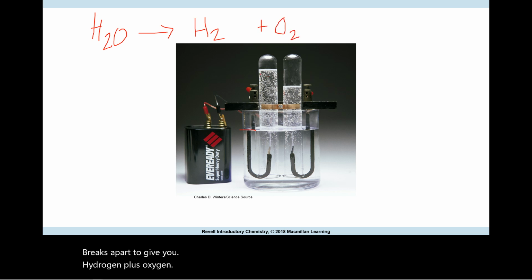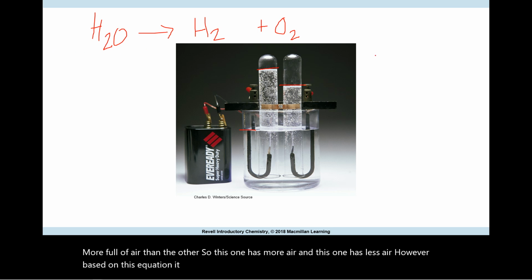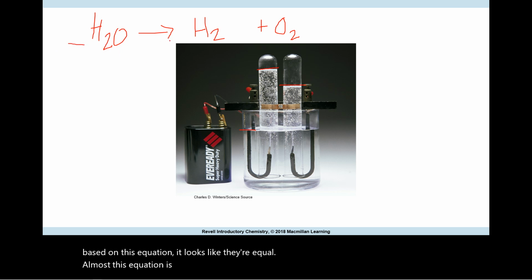Now you notice that one of these is more full of air than the other. So this one has more air and this one has less air. However, based on this equation, it looks like they're equal. Almost. This equation is not balanced.